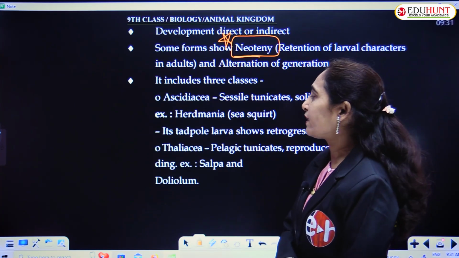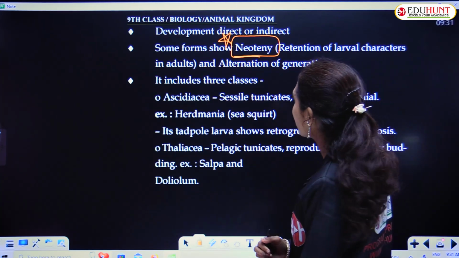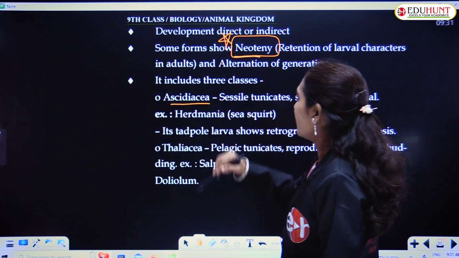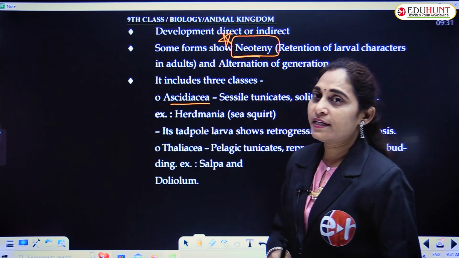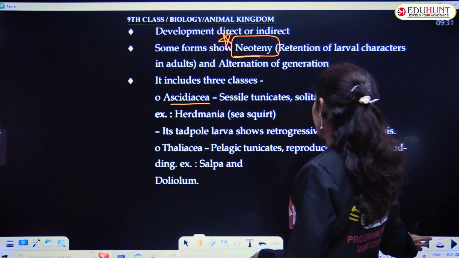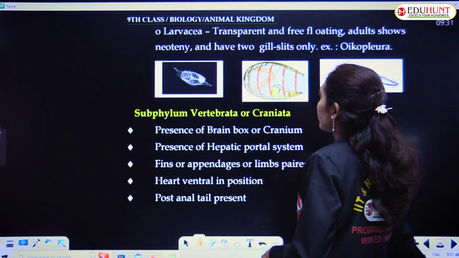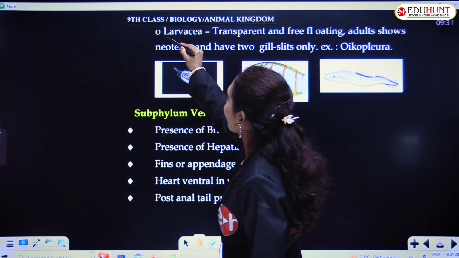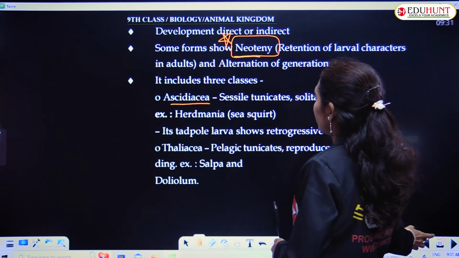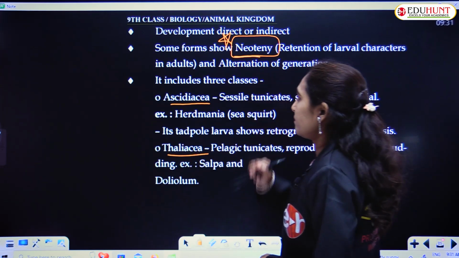It includes three classes. One is Ascidiacea, then Larvaceae, Thaliacea.